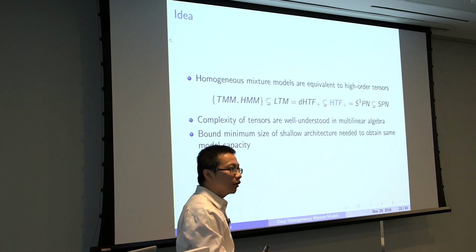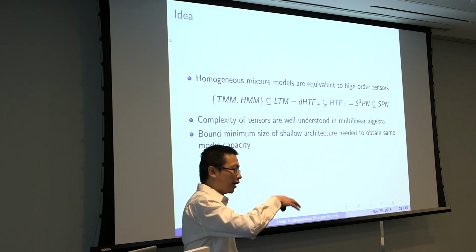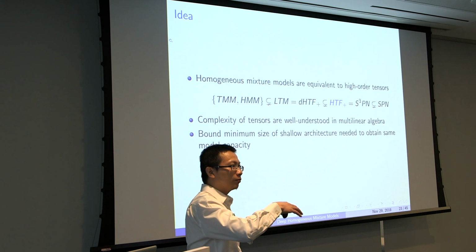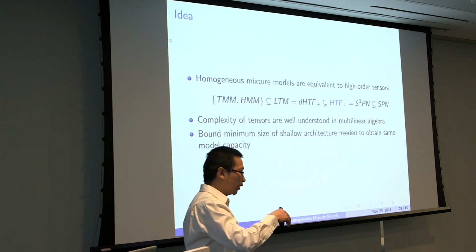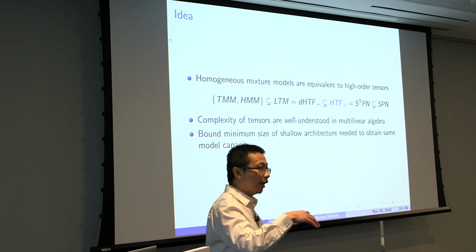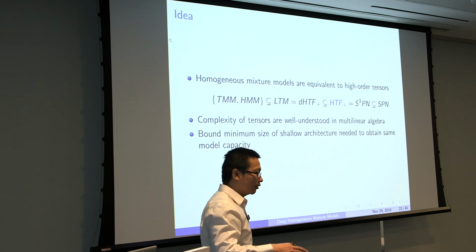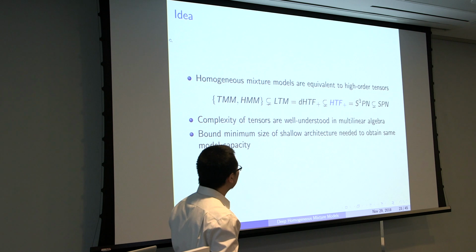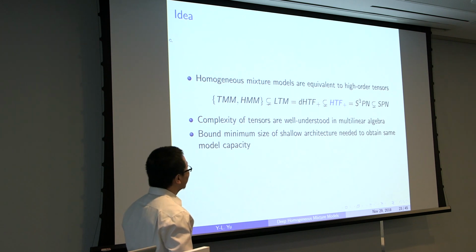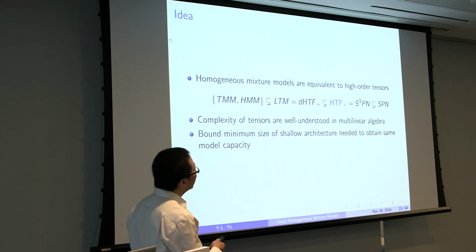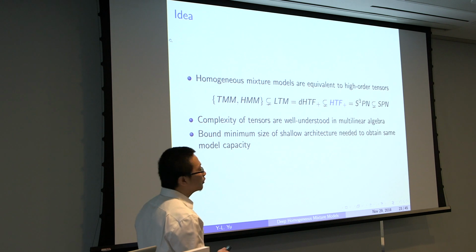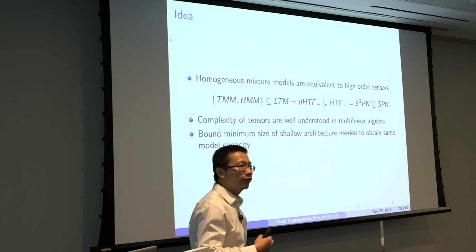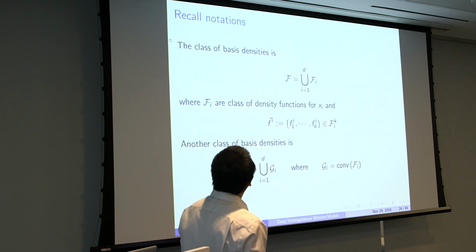And the reason for doing this is, once we have a tensor, it's an algebraic object. And there are many techniques from multilinear algebra to bound the complexity of tensors. This has been well studied in numerical linear algebra. So now we can take advantage of these results and prove similar things, say, for SPNs and latent tree models. And this is, in fact, what we did.